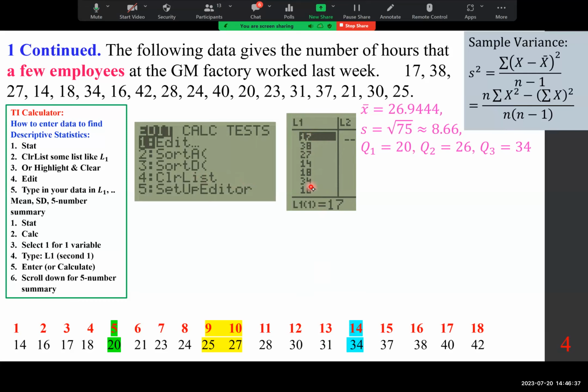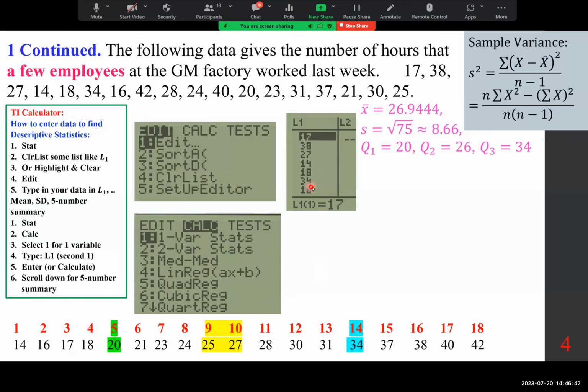The information that you put in is the way it's given to you. Now, if you go to where it says calculation and one variable stat on a TI, it will look like this.